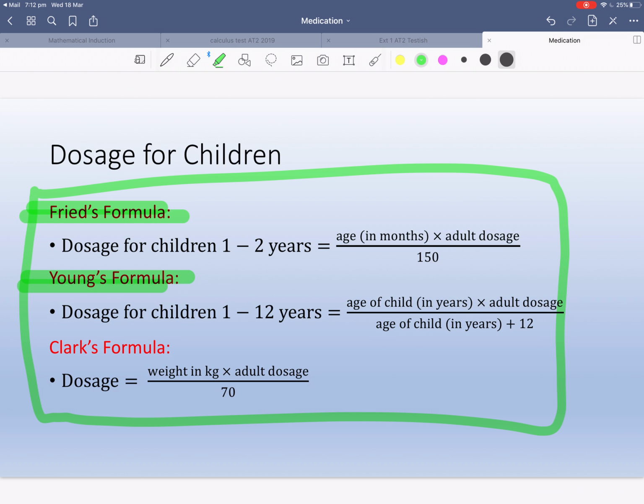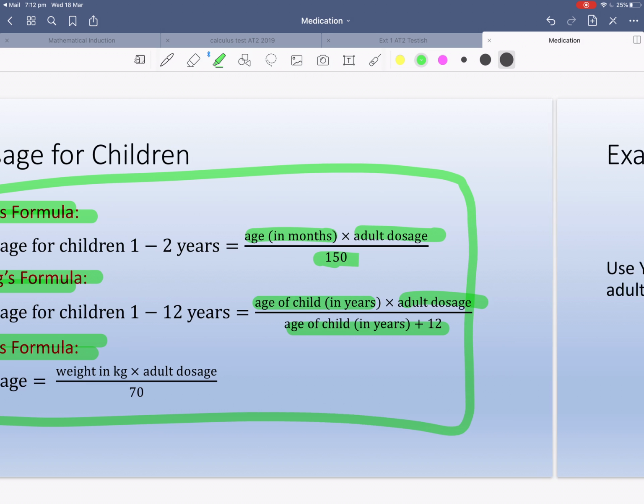Young's formula and Clark's formula. And it's really clear how we use it. It's age in months, adult dosage, and then a number. So age of a child in years, adult dosage, and the age of the child plus 12. So let's go with an example that covers this.